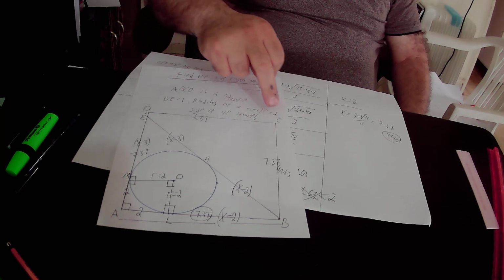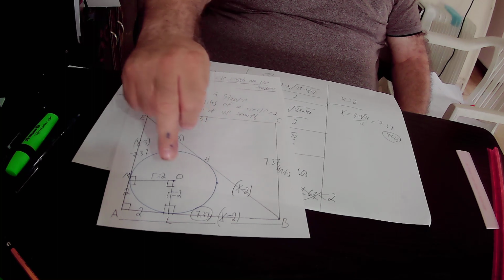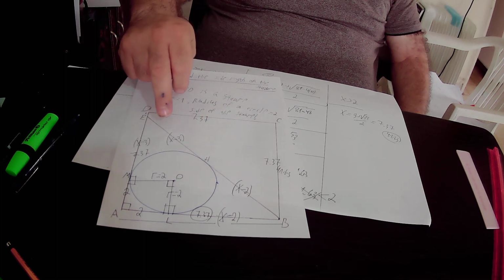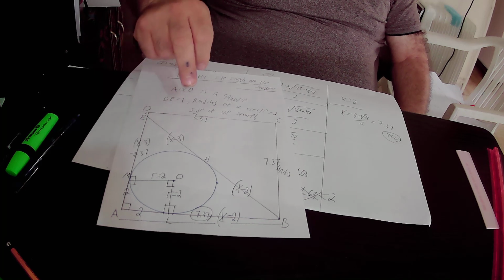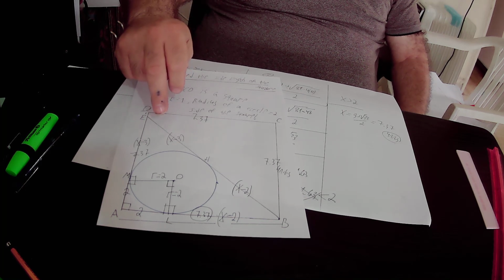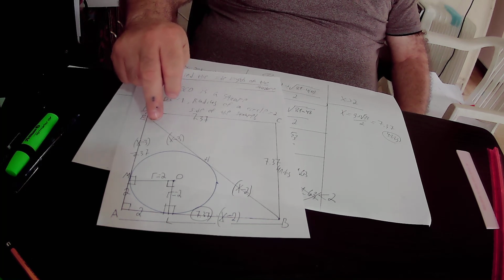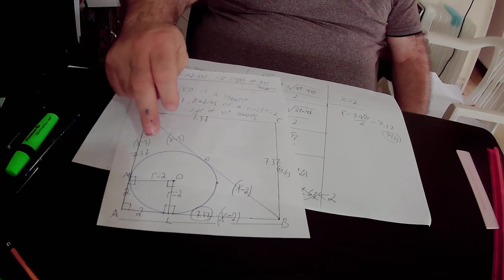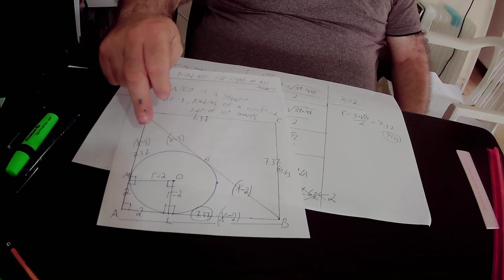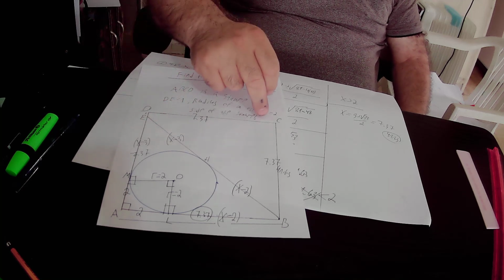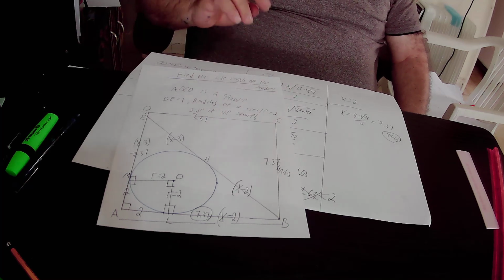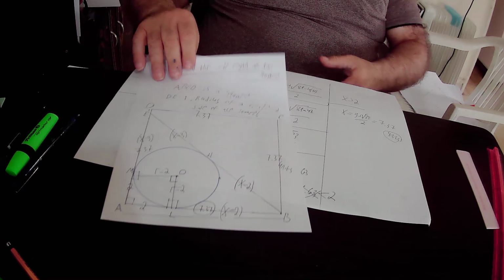So all the sides of square ABCD are equal to 7.37 units each. So AB equals AD equals DC equals BC equals 7.37 units. This is the answer to the question.